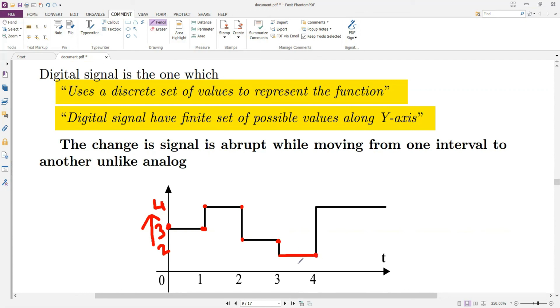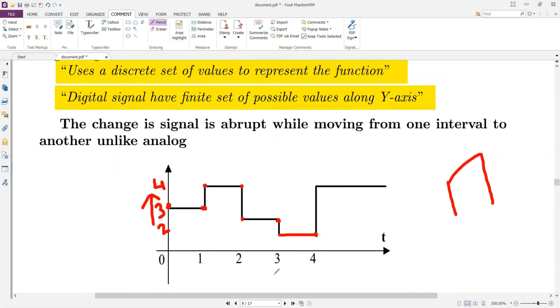There is a finite set of possible values, and most probably a signal will have a single value between any two given intervals, unlike an analog signal, which contains infinite number of values between any given interval. If we consider this signal with respect to time, it is continuous time in nature. However, with respect to the value of the function, it is digital in nature. So it is a digital continuous time signal.